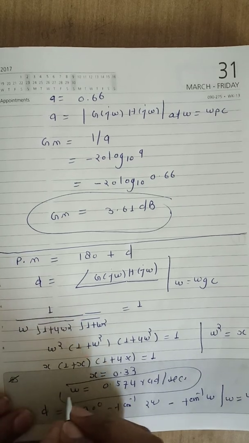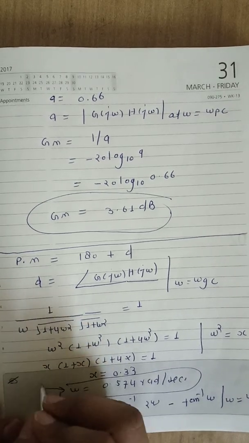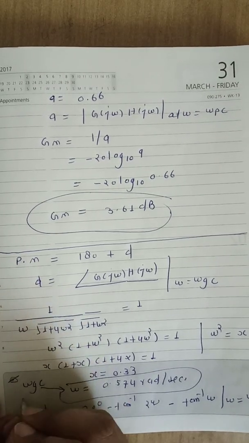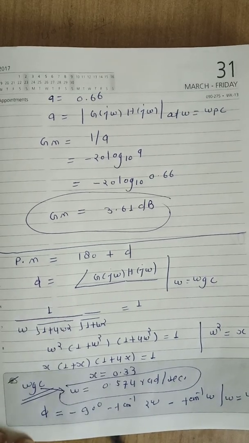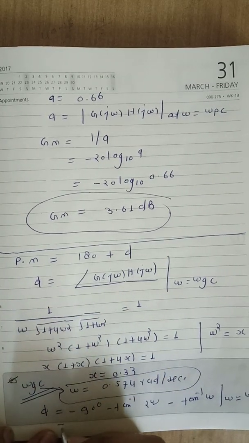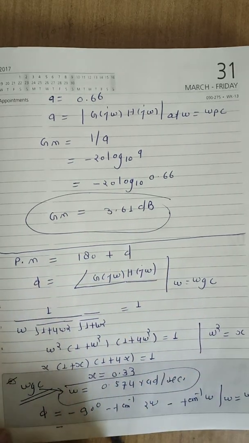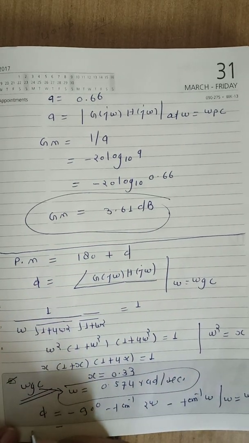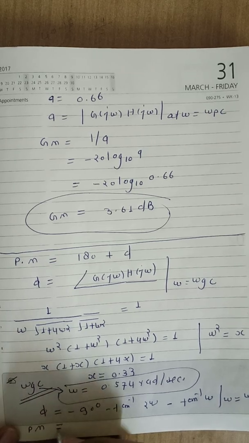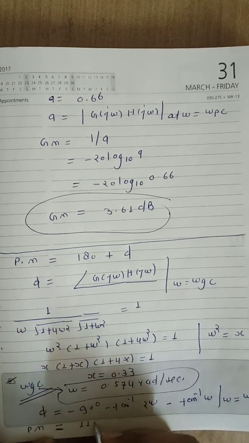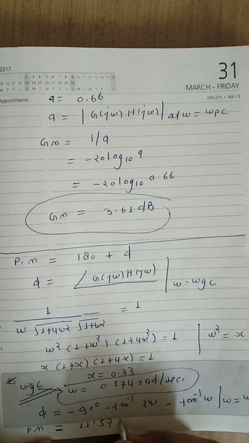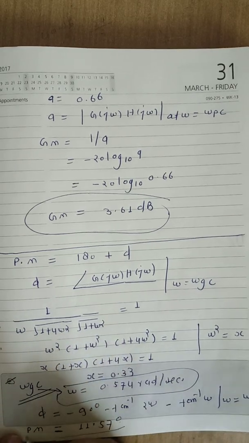So this is the value of gain crossover frequency. So after calculation we have phase margin 11.57 degree.